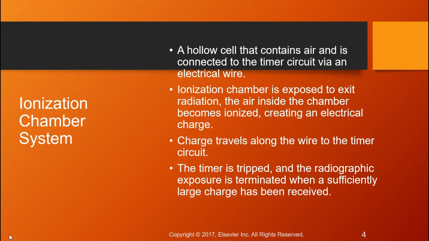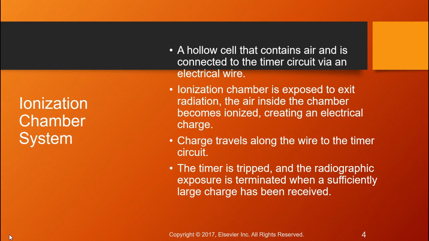Okay, the second type is that ionization chamber system. Okay, this is a hollow cell that contains air. It's connected to a timer circuit through wiring. Okay, when the ionization chamber is exposed to this exit radiation, the air inside the chamber becomes charged. Okay, it creates an electrical charge. That charge travels along the wires to the timing circuit, and then the timer is tripped.